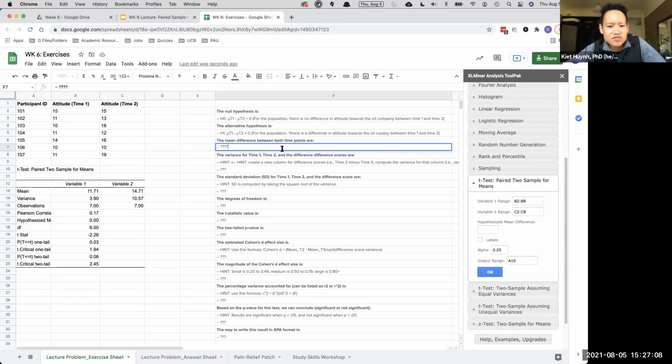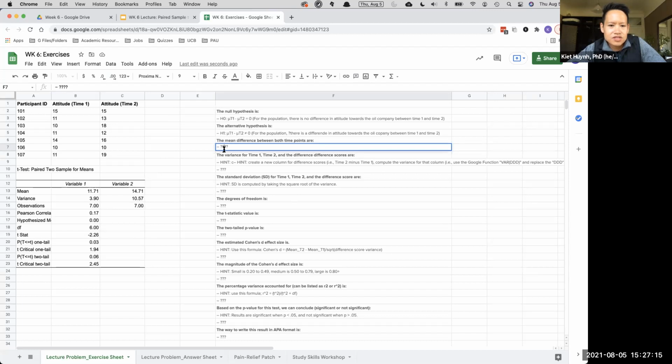Okay, the mean difference between both time points are. All right, so what do we do? We subtract time point 1 from time point 2. What do we get? Time point 2, the mean is 14.71, minus time point 1, which is 11.71.